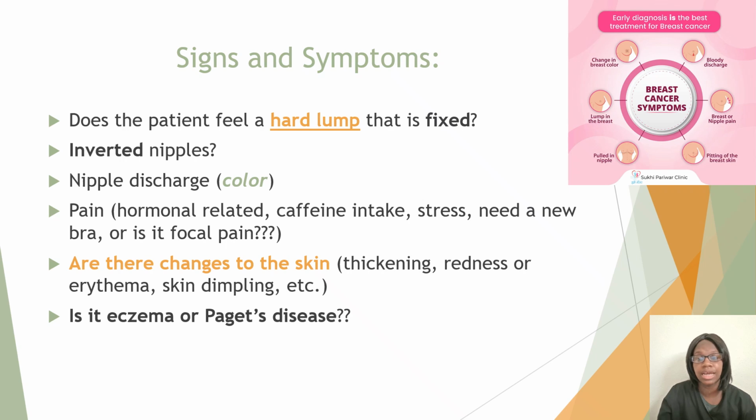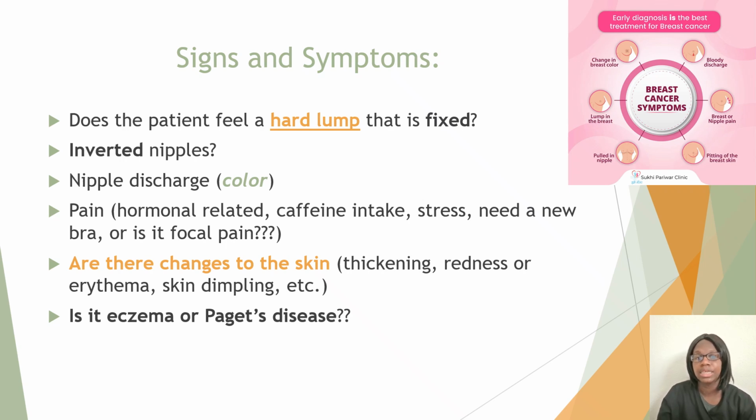Well, they should be a diagnostic in general if they have red nipple discharge, but more imaging is going to be done, probably a biopsy if something is found. And then you have pain. So, is this related to their hormones, caffeine intake? Are they stressed? Do they need a new bra? Is it focal pain, meaning it's in one area? So these are the signs and the symptoms that you all have to know.